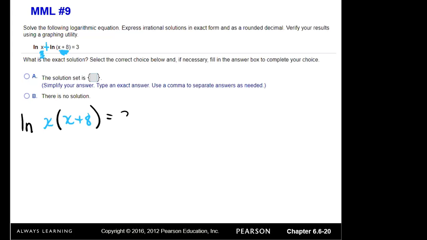And that'll still equal the 3. Now, because they're using natural logarithms, you have to remember that your base is really an e right here. So when you convert it from logarithmic form to exponential form, it is a base e raised to the 3rd, and that is going to equal the x times the x plus 8.